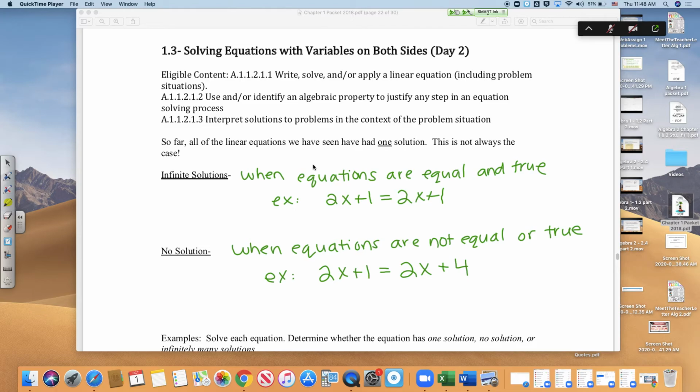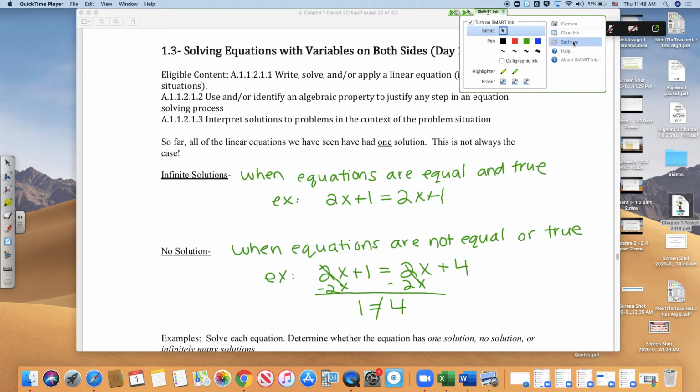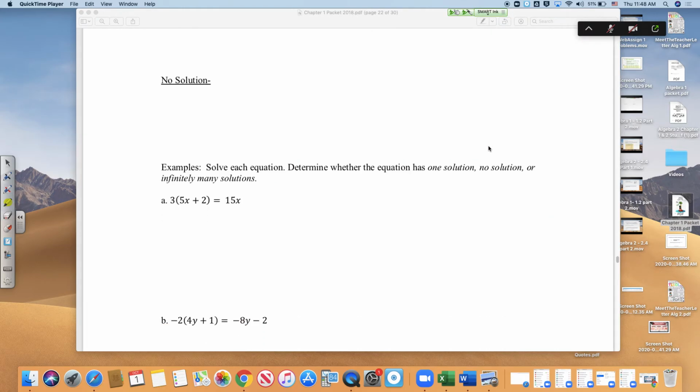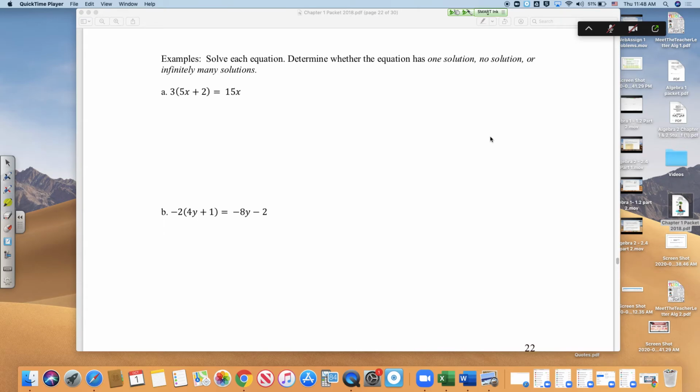Because if we were to solve this by subtracting 2x from both sides, we would get 1 equals 4, and that is not true. So when we're looking at these examples, they are going to have either infinite solutions or no solution. Or some of them might have one solution, we'll say.